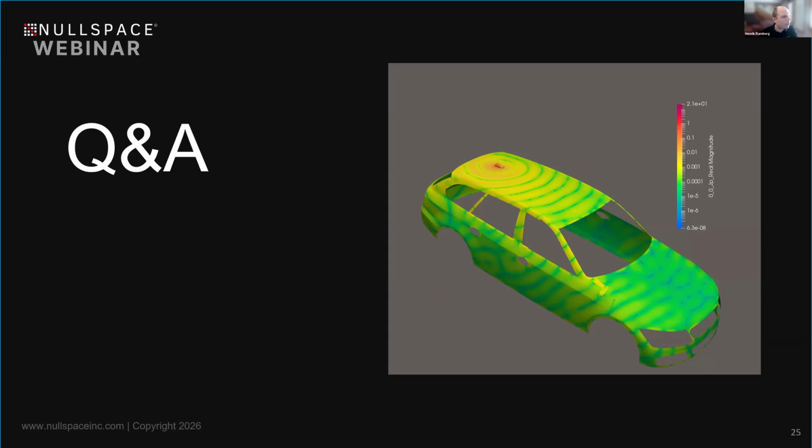Yes, I saw a few about the mesh, and there was a question that you can do local meshing in CST, so what is the difference? The big difference is that in Nullspace, as a user, you will always control your mesh. That's the default setting.